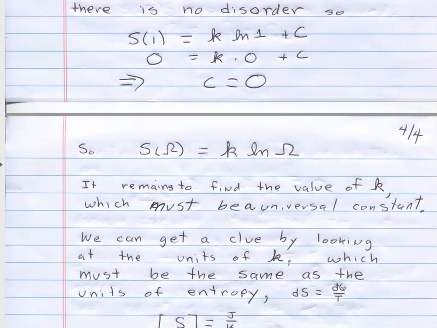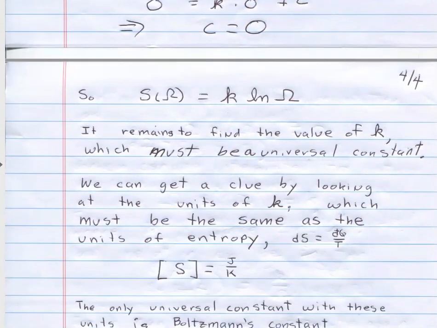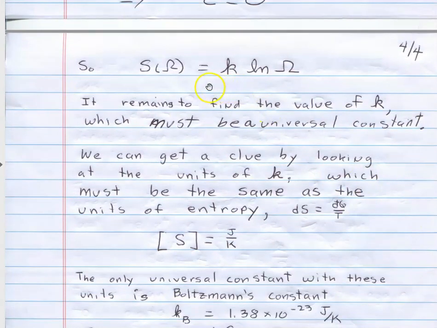So we're down to this point. We've got that the function is some constant still to be determined times the natural log of omega. It remains to find that constant k. Again, it must be a universal constant. It has to be the same function S of omega that we obtain for every possible system that you might want to look at.